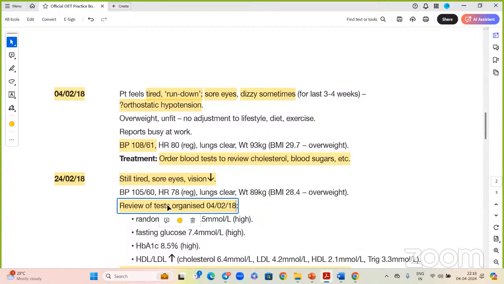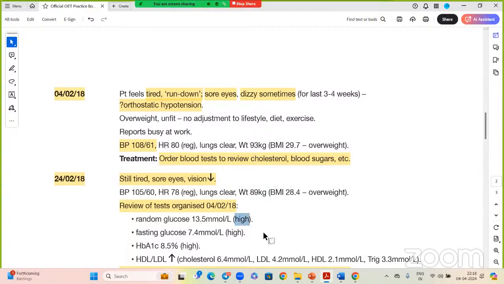Okay. So you can see random glucose levels, fasting glucose levels, and HbA1c levels. These three things, random glucose, fasting glucose, and HbA1c, are high.